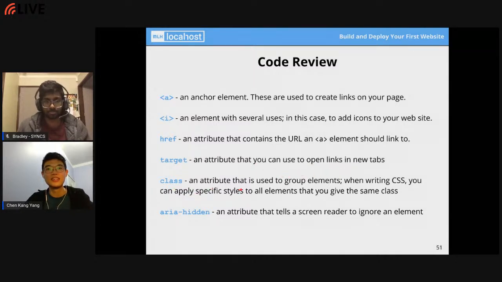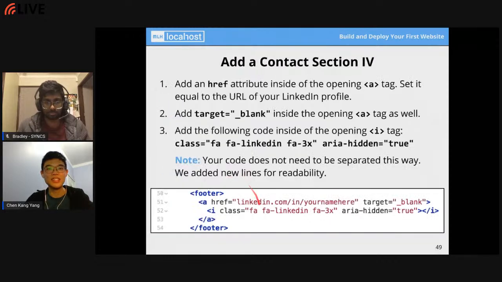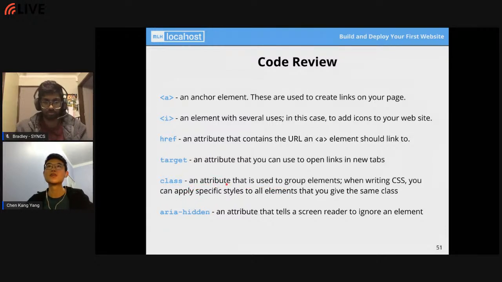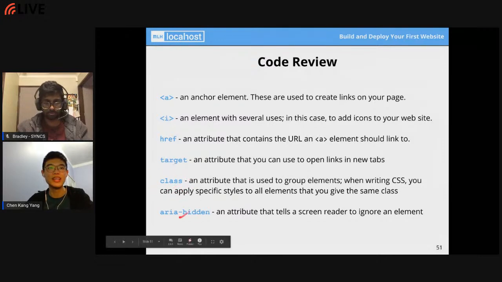And then class, did we define a class? Oh yeah, this class is just a way to specify things so that when you edit your CSS, you can select this specific class and style them accordingly, and it will apply to all things that have the same class name.